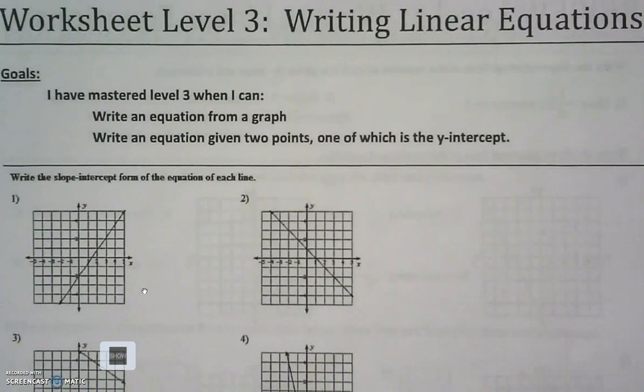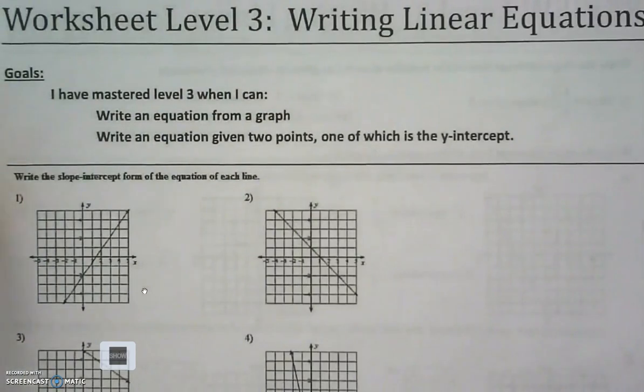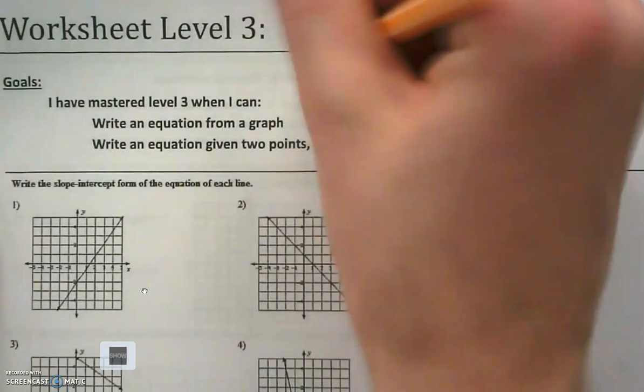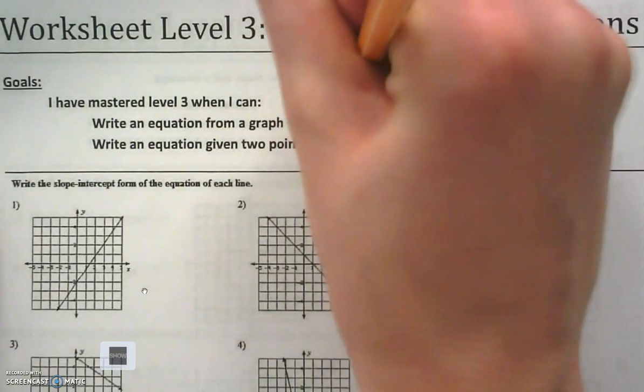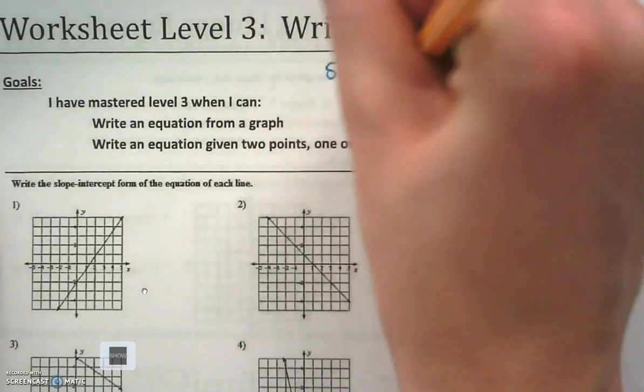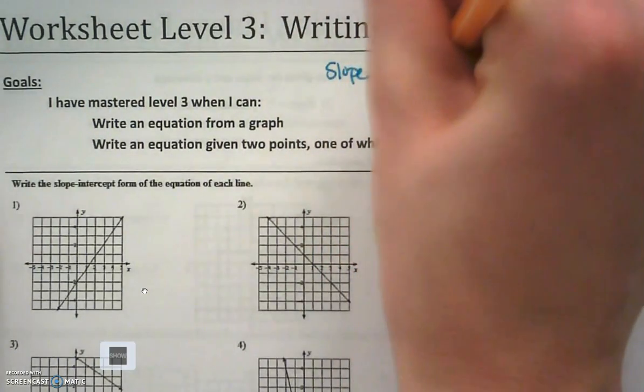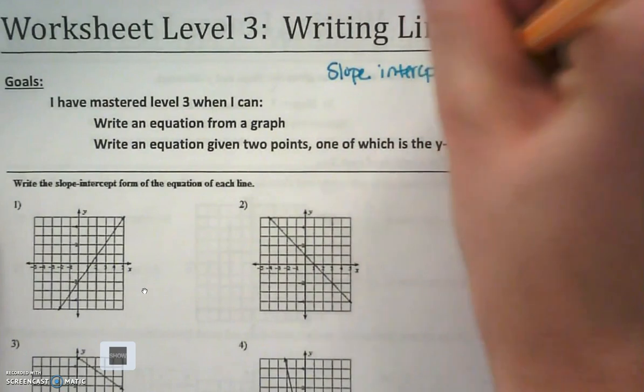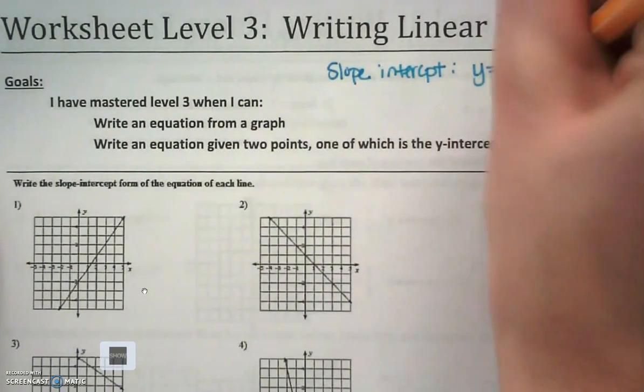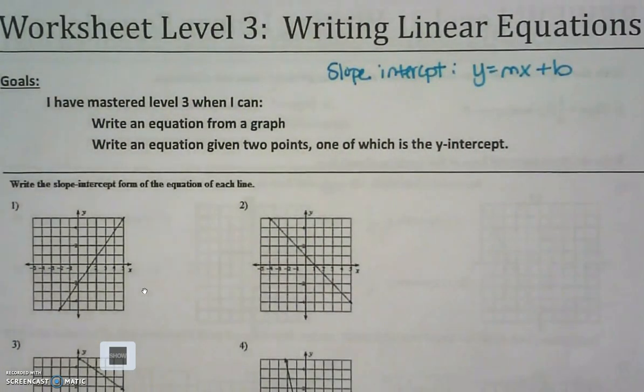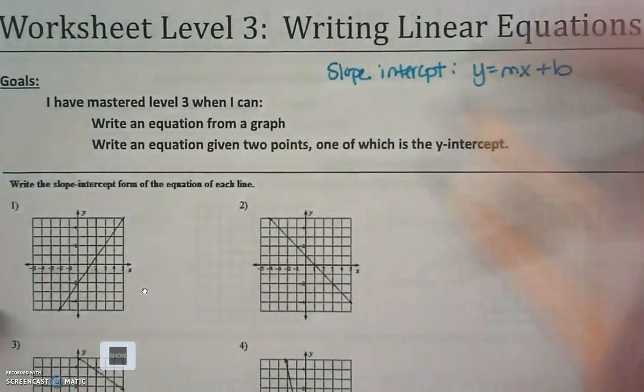When we talk about linear equations, we're talking about them in a couple of forms. The first form we want to talk about is slope-intercept form. Okay. That's y equals mx plus b. You can also write an equation of a line in standard form.